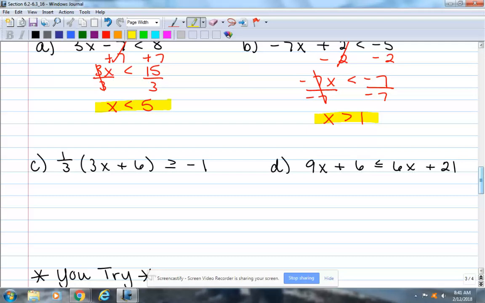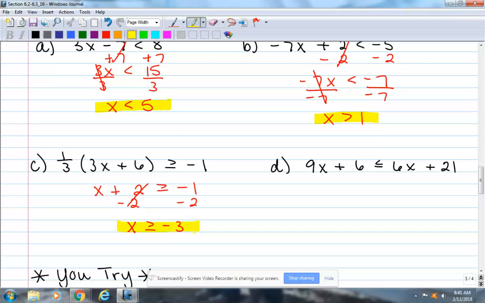So what is 3x times 1/3? 1x, right? Plus what's 1/3 times 6? 2 is greater than or equal to -1. Then what do we do? Subtract 2. So x is greater than or equal to -3. Any questions about that one?